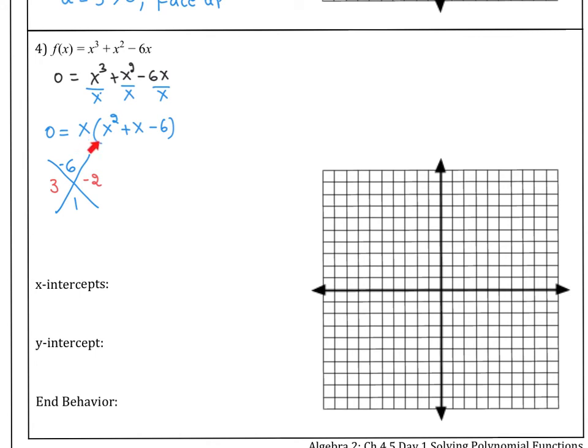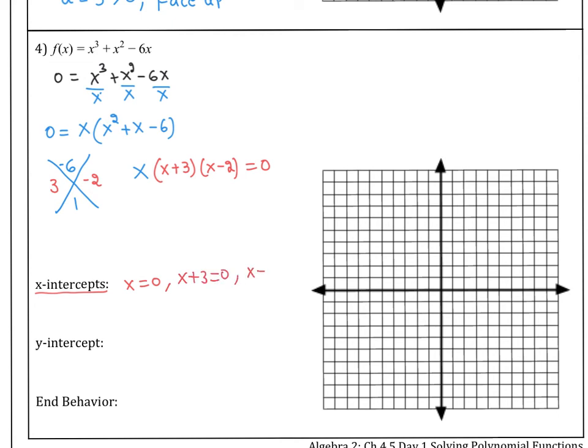Going to use this x as is, so let's write the x as is. And the other two factors are going to be x plus 3, x minus 2 equals 0. Put them equal to 0 one by one because we are going to find x-intercepts. So x equals 0, the first one. Then x plus 3 equals 0.